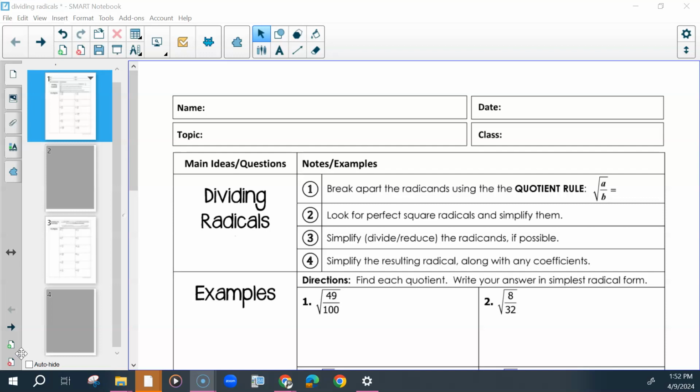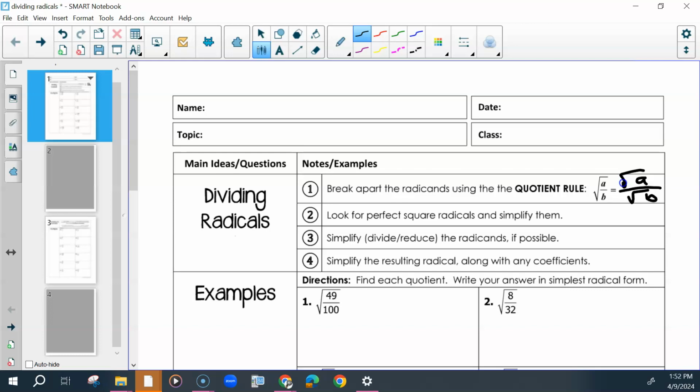So first, the steps. If you have two numbers under the radical, called the radicands, you could break it apart into two separate radicals, the square root of a over the square root of b. That's what this part would be.